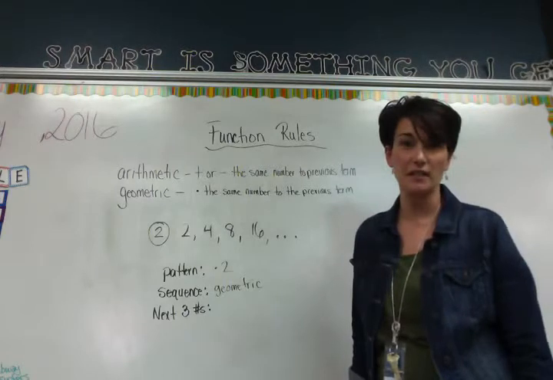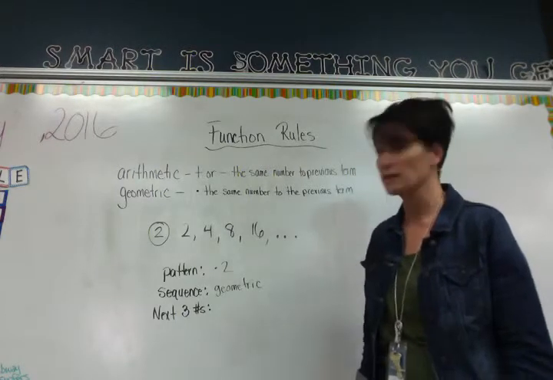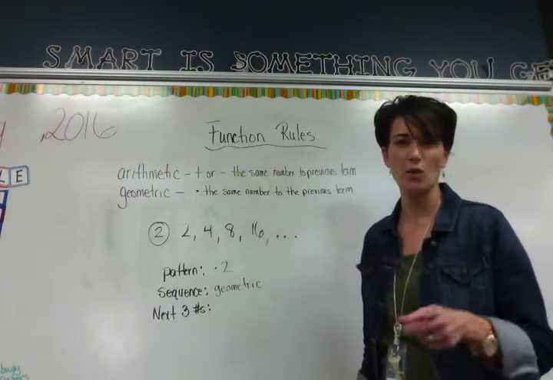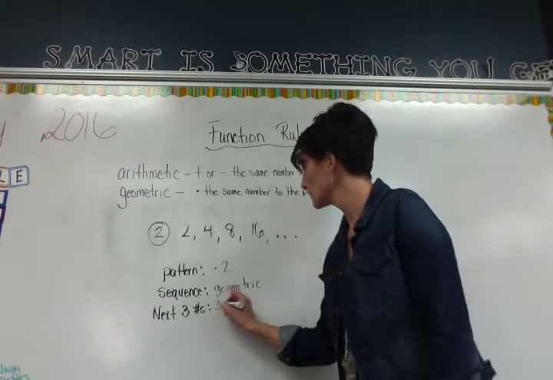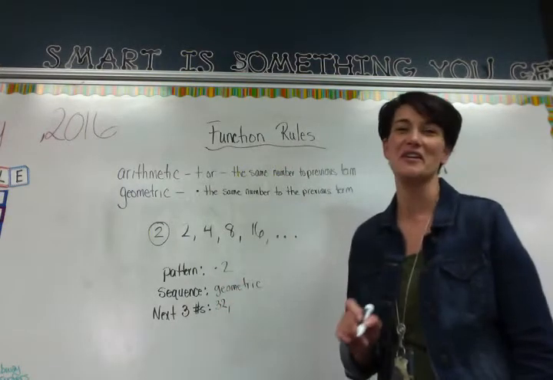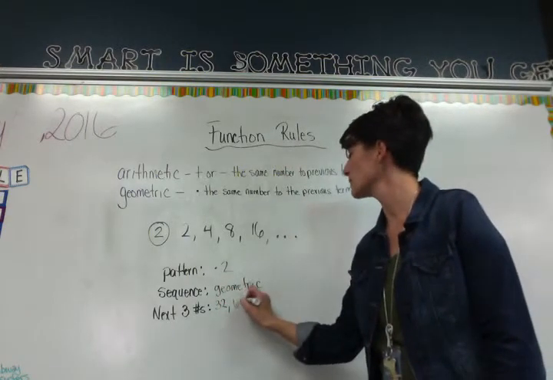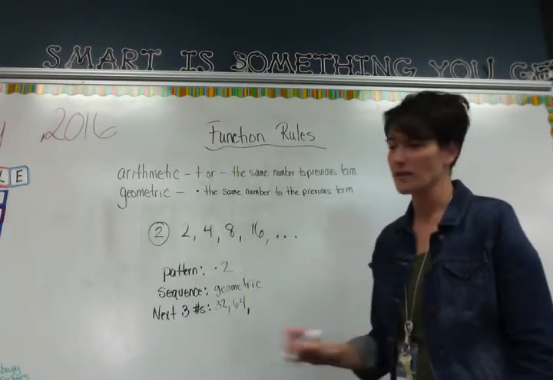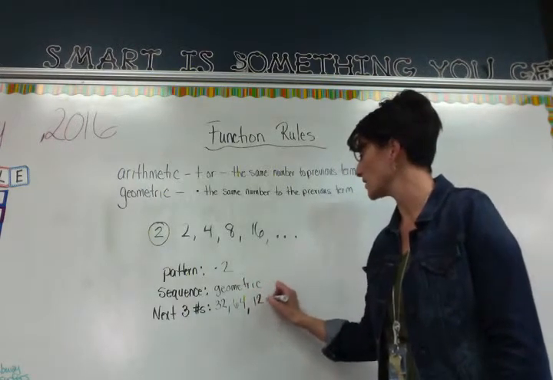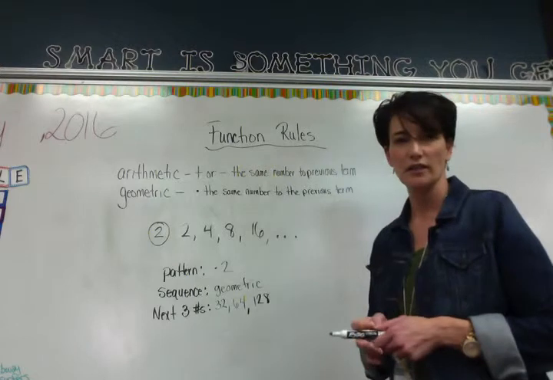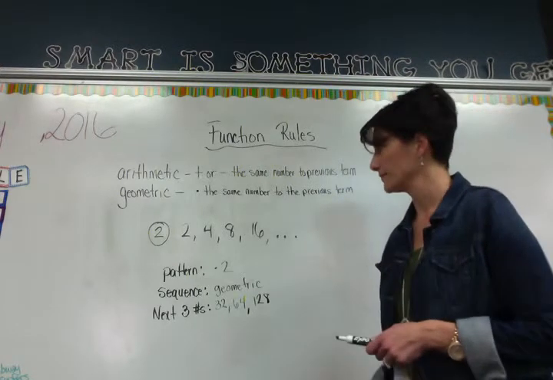And then I just need to multiply to figure out the next ones. 16 times 2 is 32. 32 times 2 is 64. And 64 times 2 is 128. So far, so good, right? Good.